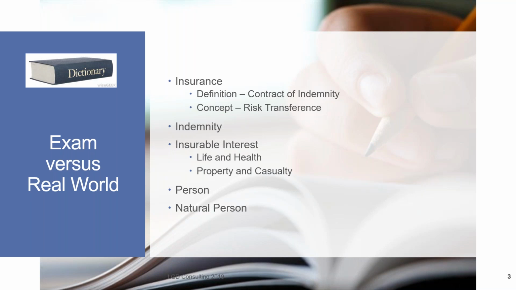Now, that's the definition. The concept of insurance is transferring risk from a large group, actually, I should say from a small group, those who suffer losses, to a large group, everyone purchasing the policy. So it's kind of the law of averages. Not everyone's going to have their house burned down.